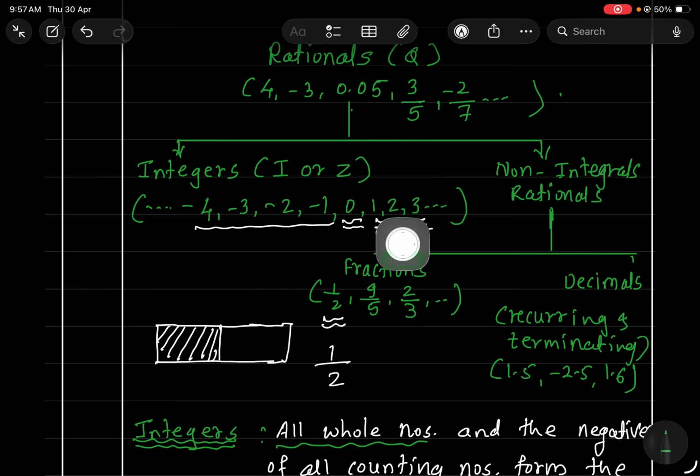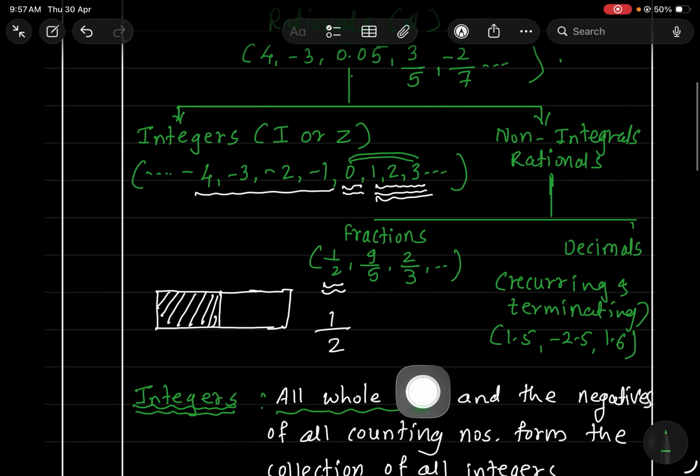Here 0 and 1, 2, 3, all these are the whole numbers. Whole numbers start from 0, 1, 2, 3, 4 and so on, infinitely. These are called all whole numbers. Whole numbers and these negative numbers, try to understand.